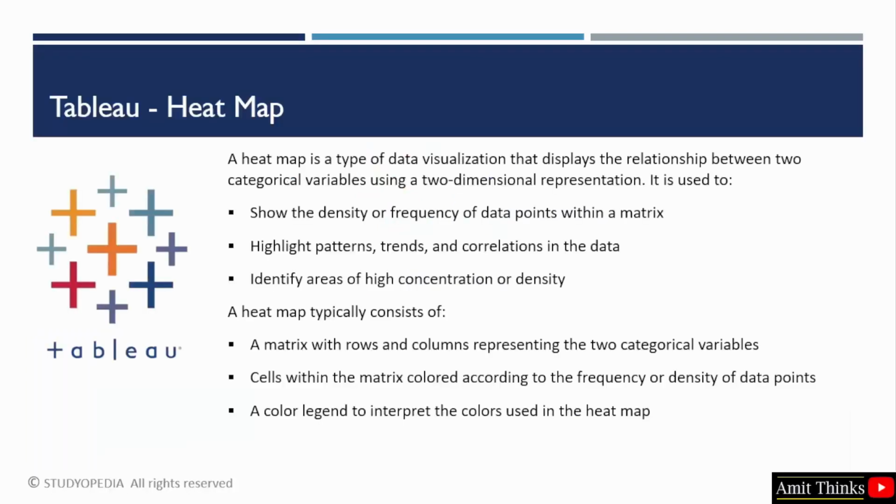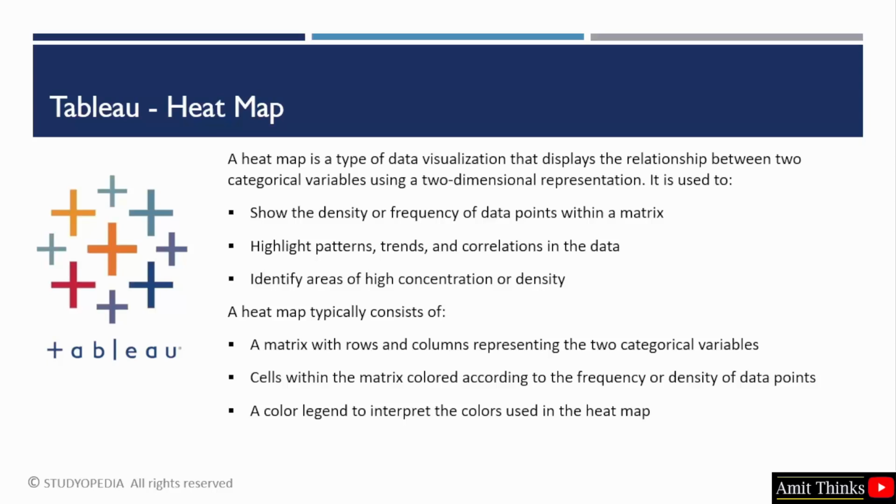Let's see. So consider a heat map as a map to display the relationship between two categorical variables using a two-dimensional representation. For example, you can visualize profit and sales data across different regions and subcategories. You can display the density or frequency of data points within a matrix.